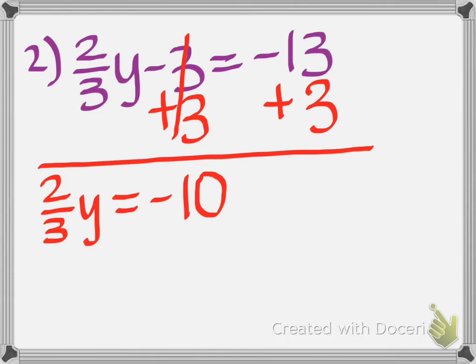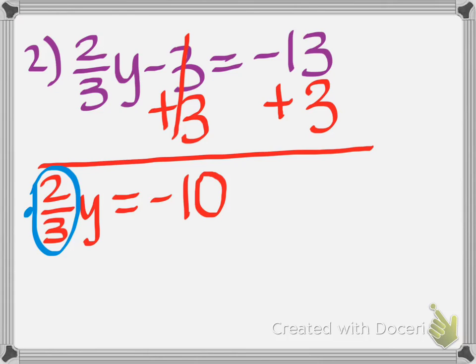Okay, now this is where a lot of people had trouble. They don't like dealing with fractions. So, whenever I do have a fraction, what I always want to do is multiply by the reciprocal. It means that I'm going to take this fraction right here and flip it.